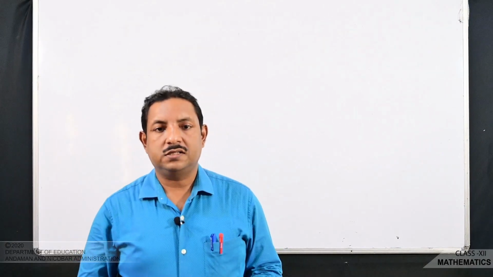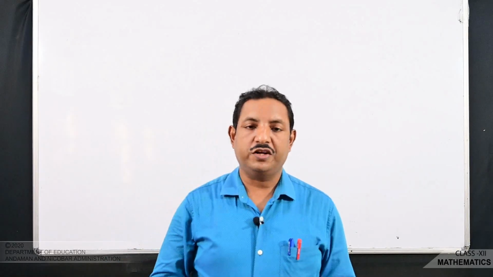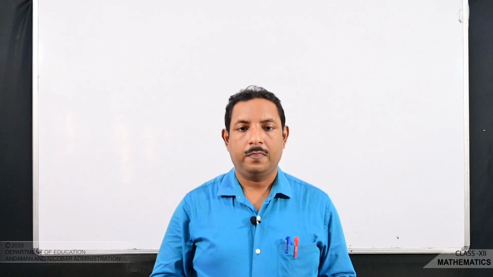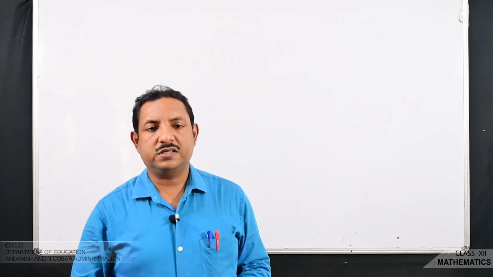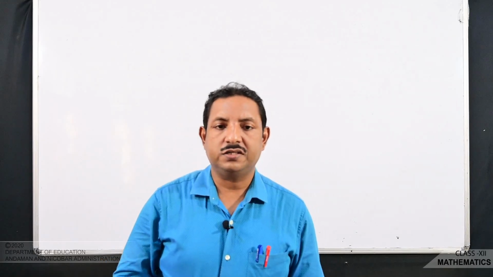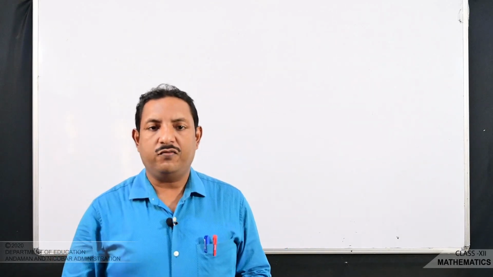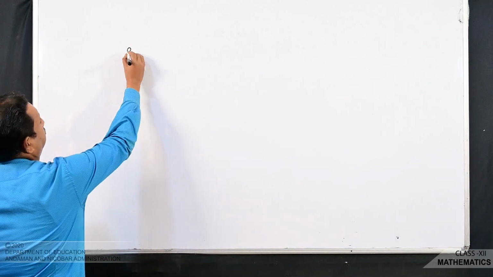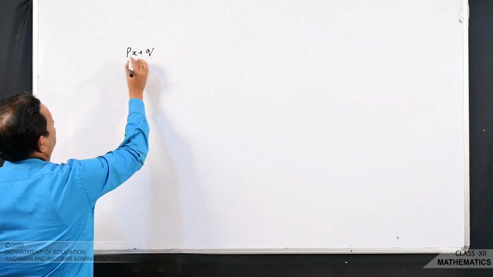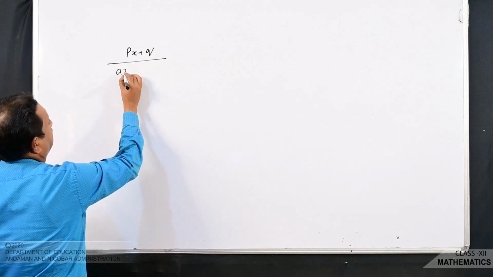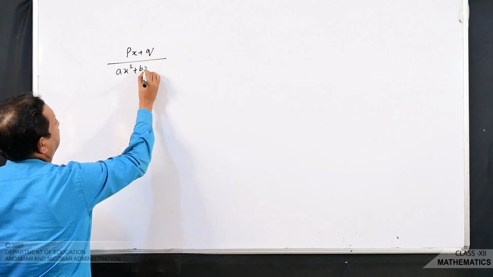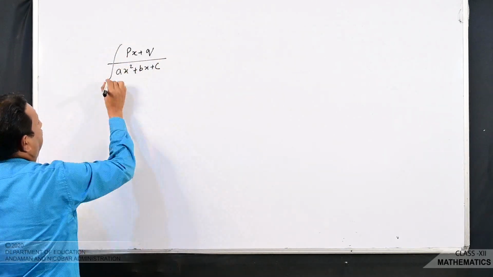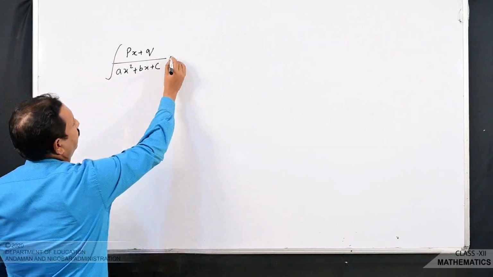Today we discuss the integration by partial fraction. In the last class, we discussed integrations of different forms, like px plus q divided by ax square plus bx plus c.